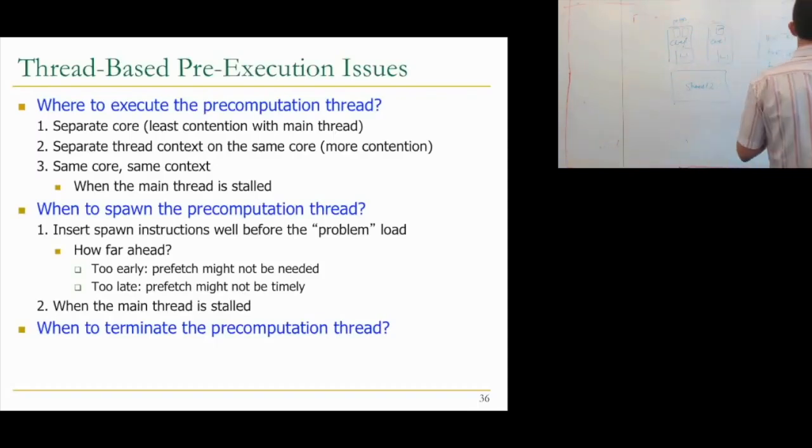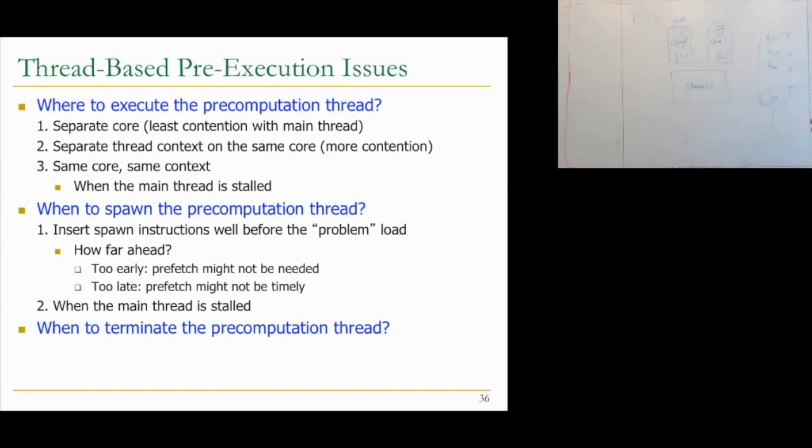And too early can have other downsides. For example, this load may pollute the cache. It may be kicked out before it's needed, or it may kick out some useful value that's needed over here, right? So it can cause cache pollution. Basically, there are trade-offs associated with these.